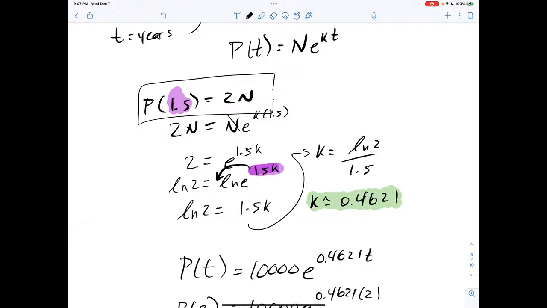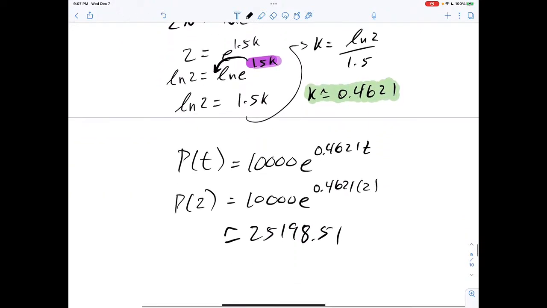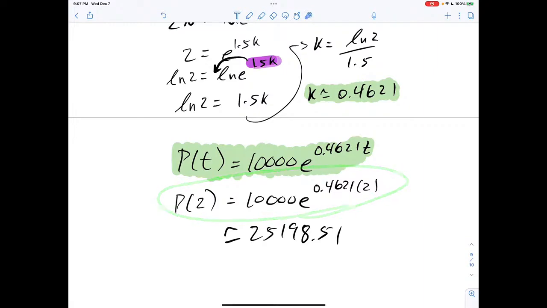Good. So once you found that k value, I have the exact growth model of this function. Now they wanted the population at 2 years, and the initial population was 10,000. So I just let the initial value be 10,000.